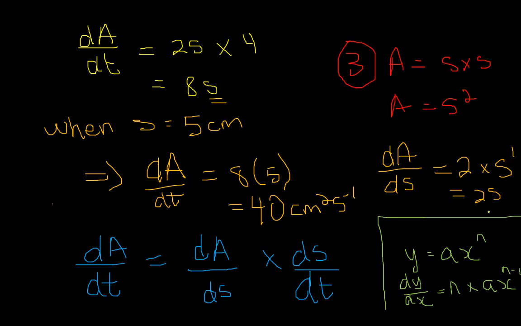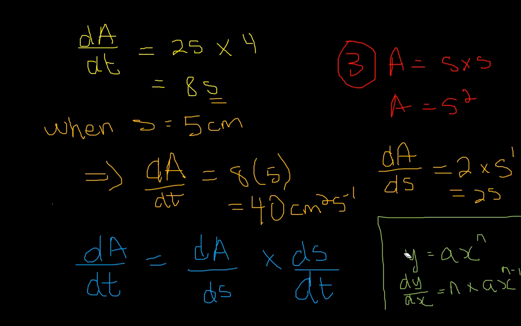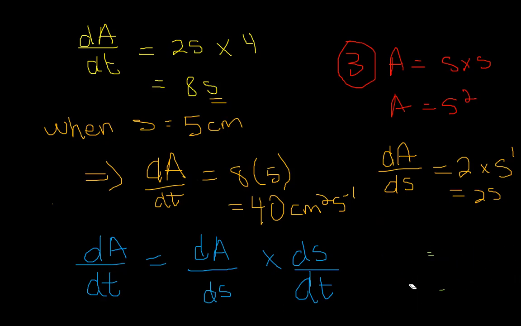But like I said, some people found dA on ds is 2s, so they substitute that, they got 8s, then they substitute the value of 5, right? But some people prefer to substitute the value of 5 one time, right?